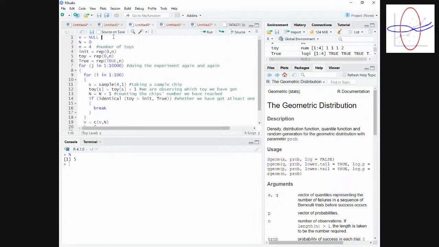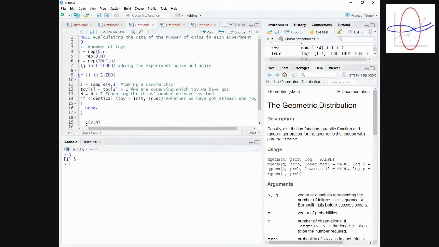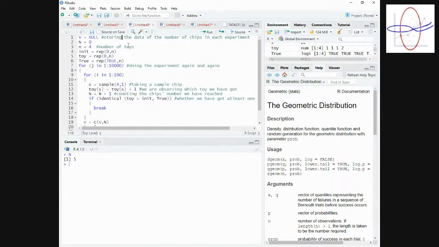V is storing the data of the number of chips in each experiment. And here capital N equal to 0 is the number of steps in each experiment.